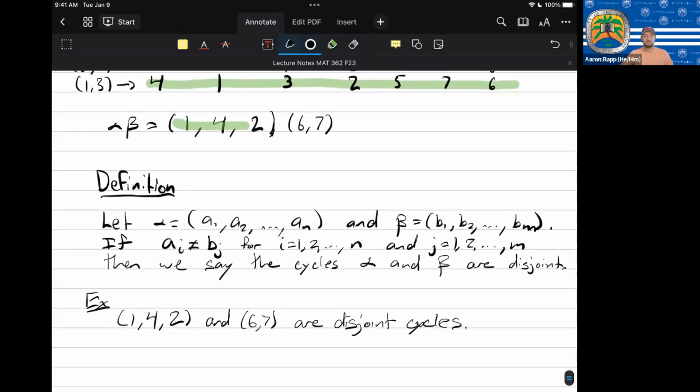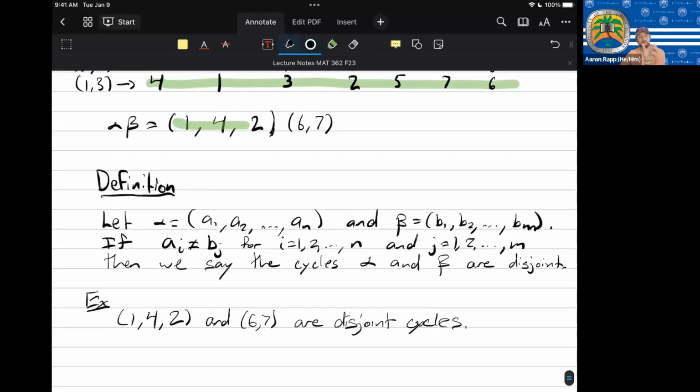If I go through and look at all the numbers in each of them, I see that they don't share any numbers in common. The numbers 6 and 7 do not appear anywhere in that first permutation, (1 4 2), and 1, 4, and 2 don't show up in the second permutation, (6 7).